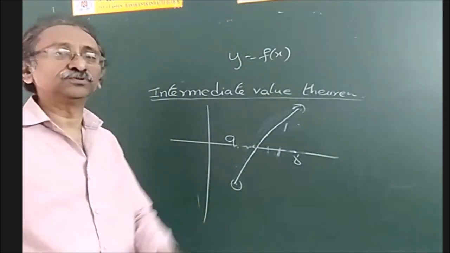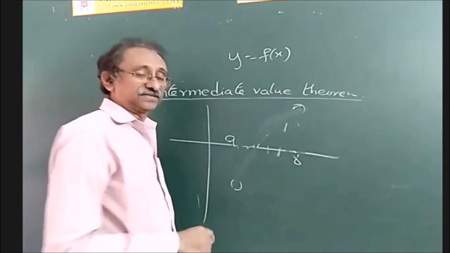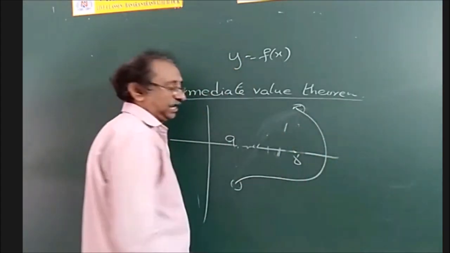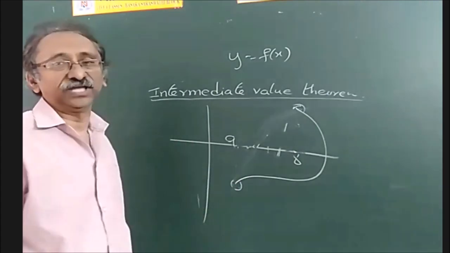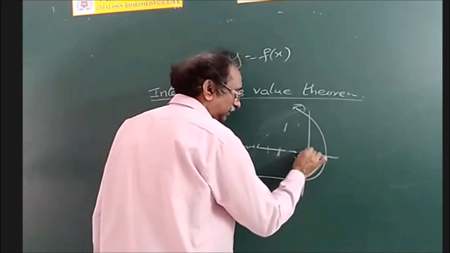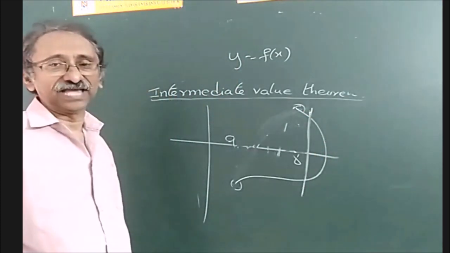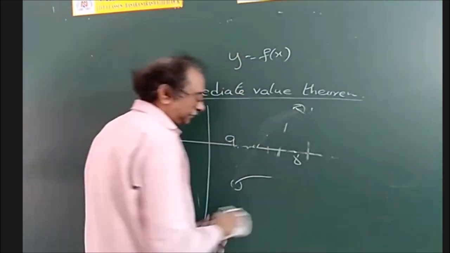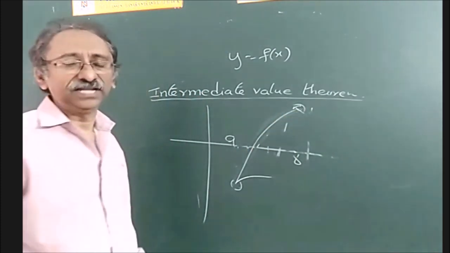Or some student may say it may touch the x-axis but not cross it in between. But that is not a function; we are discussing functions. See this graph. It is intersecting the x-axis two times. Therefore, in between A and B, the graph should intersect the x-axis at least once.